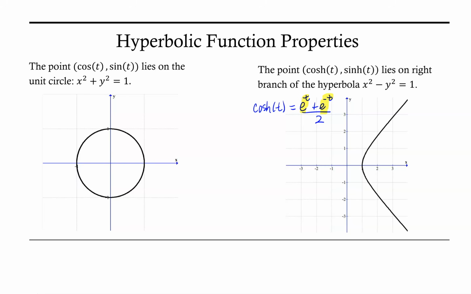So cosh of t is always positive, and cosh of t is the x-coordinate of this point. So we only get the right-hand branch of the hyperbola x squared minus y squared equals 1.